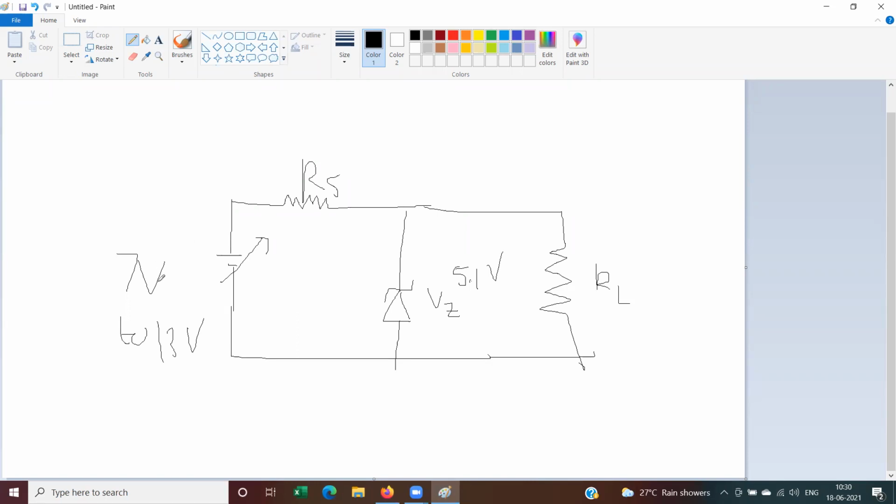Say this voltage source varies from 7 volt to 13 volt. It will not go down below 7 volt, it will not go up above 13 volt, but it can change from 7 to 13.